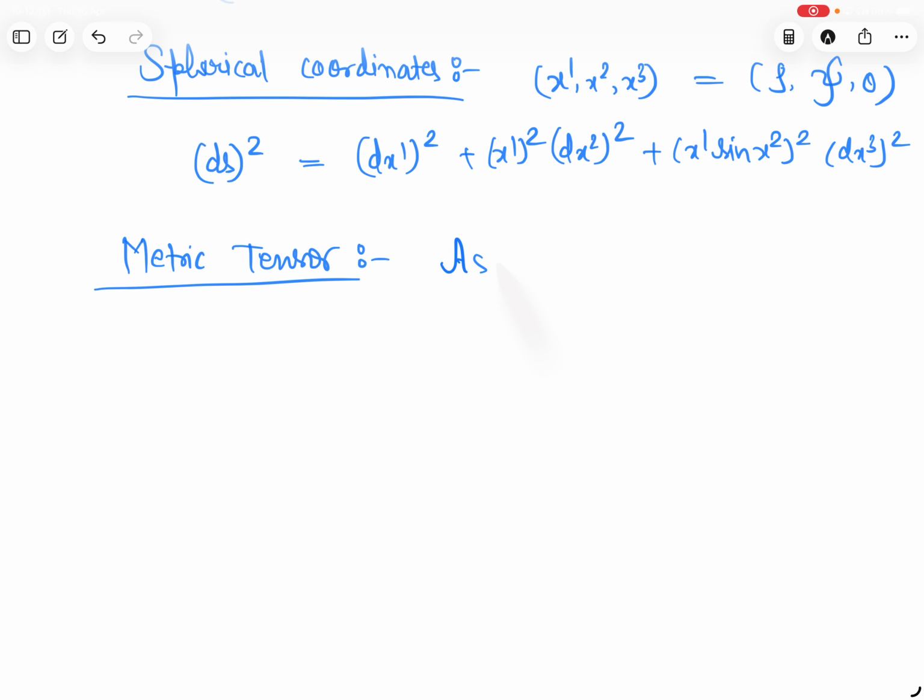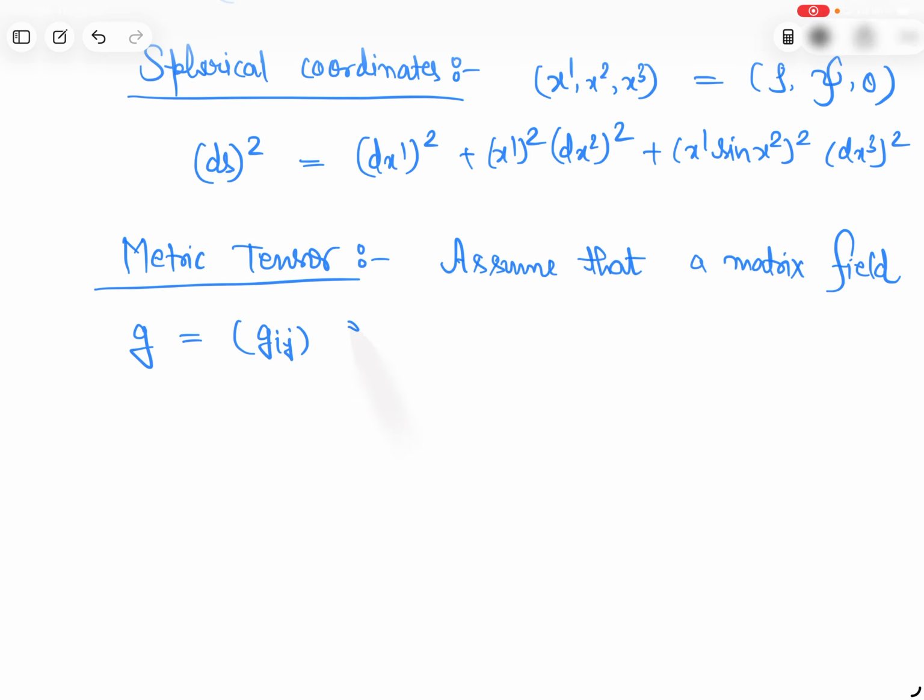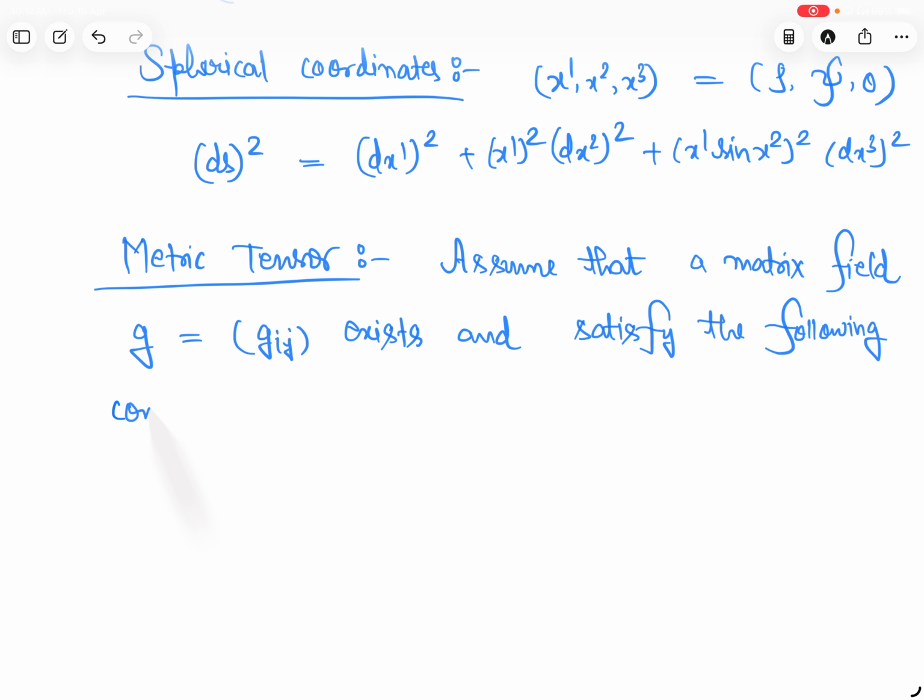Assume that a matrix field G is equal to Gij exists and satisfies the following conditions.